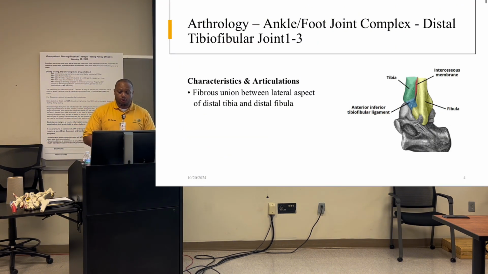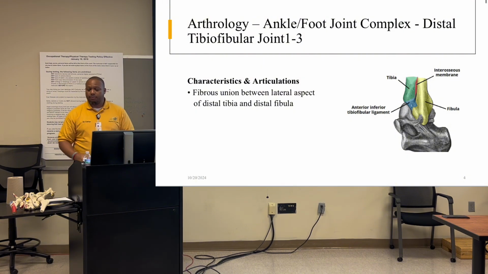The tibiofibular joint. This is the distal tibiofibular joint that we're talking about, and the distal tibiofibular joint is a fibrous union between the lateral aspect of the distal tibia and the distal fibula. As you can see right here, you see the anterior inferior tibiofibular ligament, which joins, we know that ligaments join bone to bone, and so you have fibrous connective tissue of the anterior inferior tibiofibular ligament joining these two structures along with the interosseous membrane.